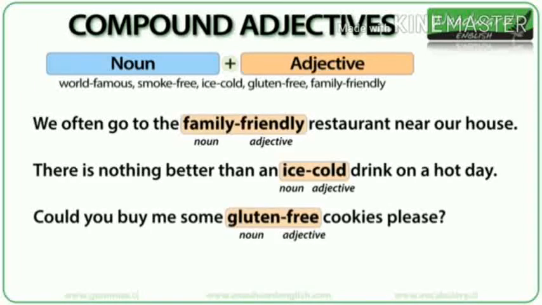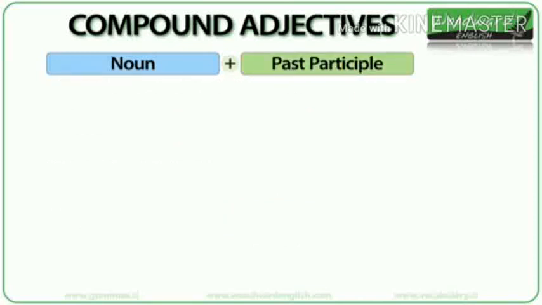We often go to the family-friendly restaurant near our house. So, family is a noun, friendly is an adjective. There is nothing better than an ice-cold drink on a hot day. Noun and adjective. Could you buy me some gluten-free cookies, please? So, these are the compound adjectives.